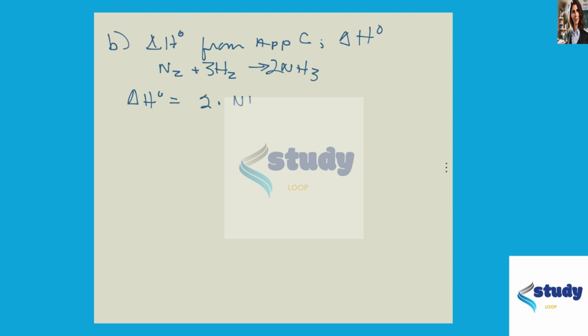And our change in enthalpy equals our products, so this will be 2 times our ammonia minus the N2 plus the 3 times H2, the delta H's. Both these are 0 because those are standard states. So all we're going to do is take 2 times ammonia.